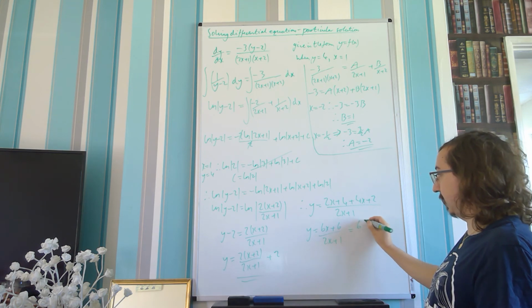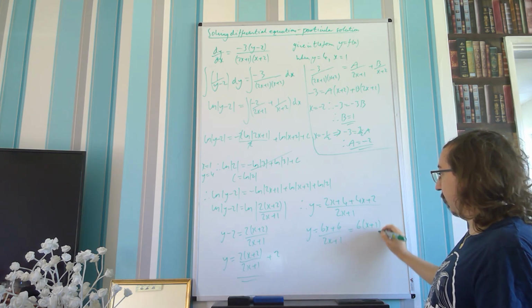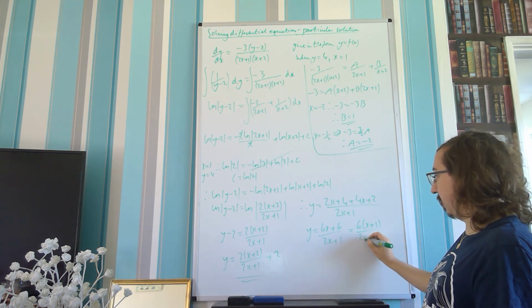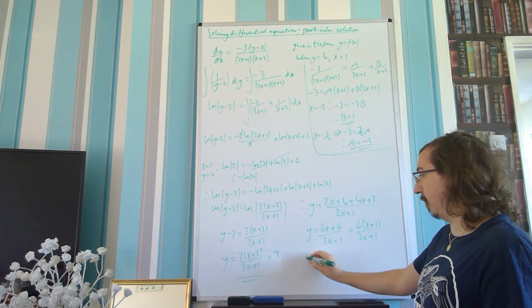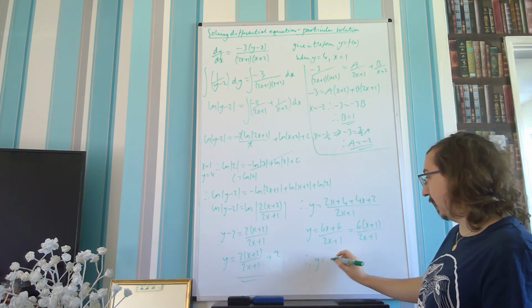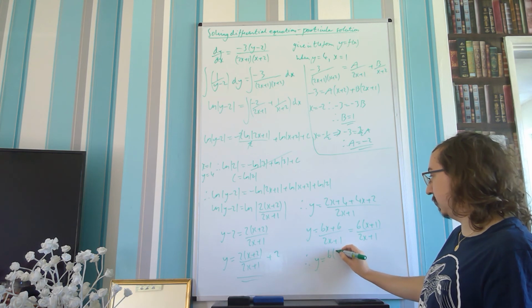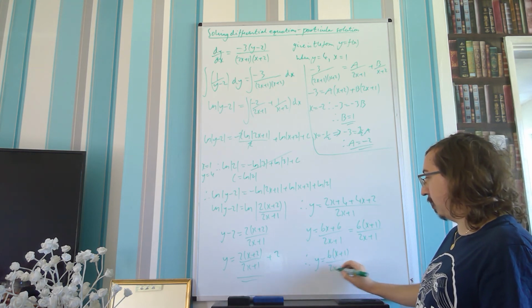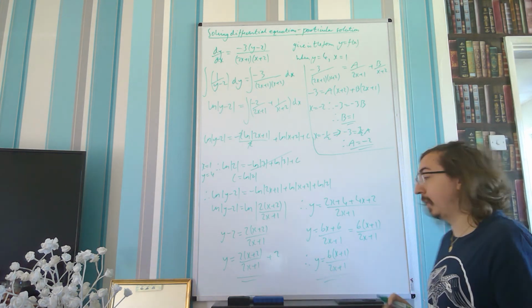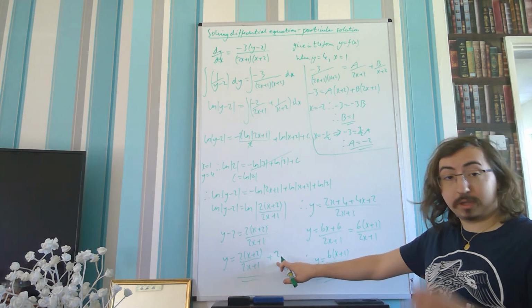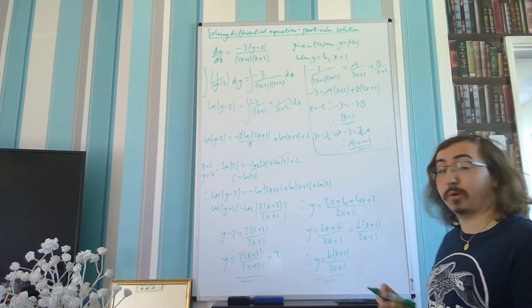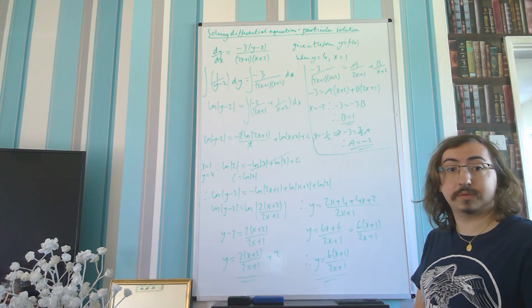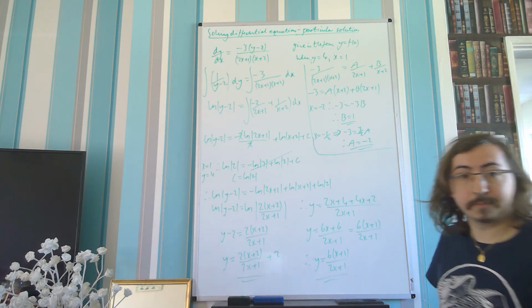Take out the factor of 6, leaving you with x plus 1 in the bracket, over 2x plus 1. So as a single fraction, y is equal to 6 times (x plus 1) over (2x plus 1). Either this form or this form would be correct, but they might ask for it as a single fraction, so it just gives you a little bit more algebra there.